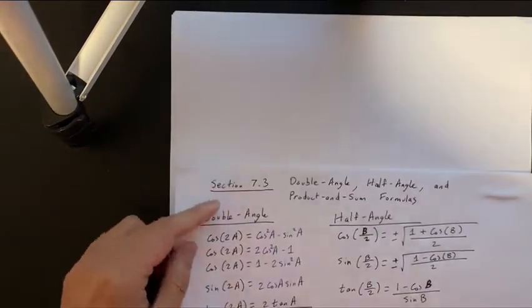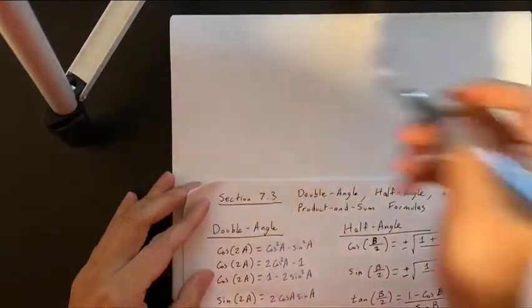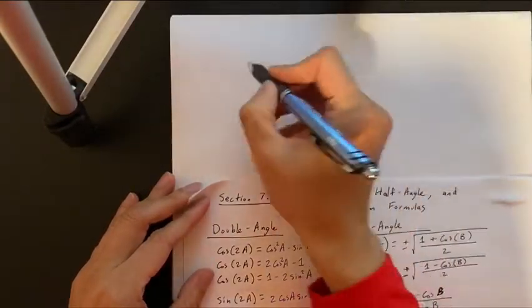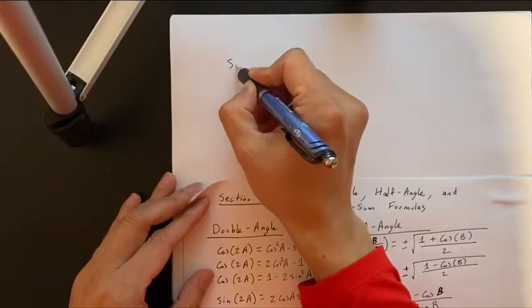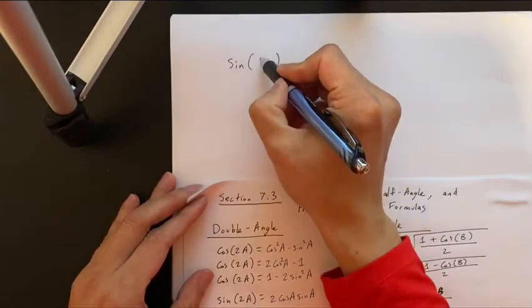So here's a better example. So let's say, for example, you want to take sine of 90 degree.